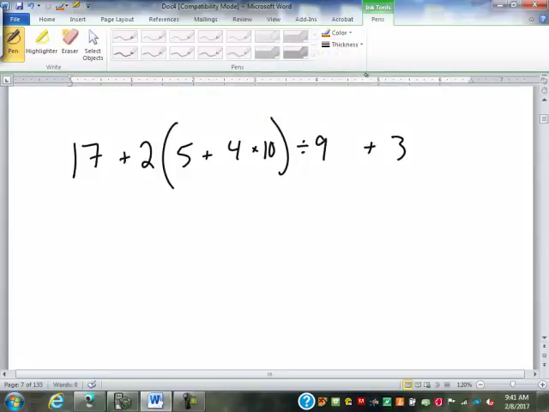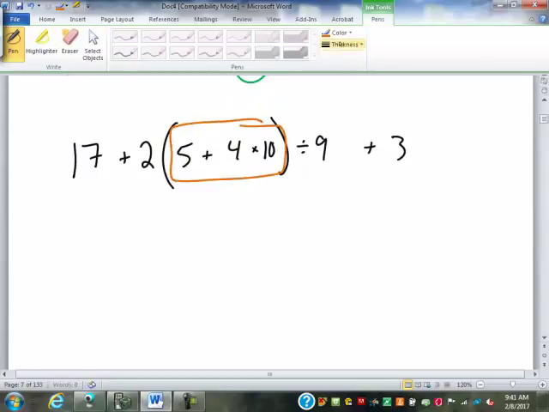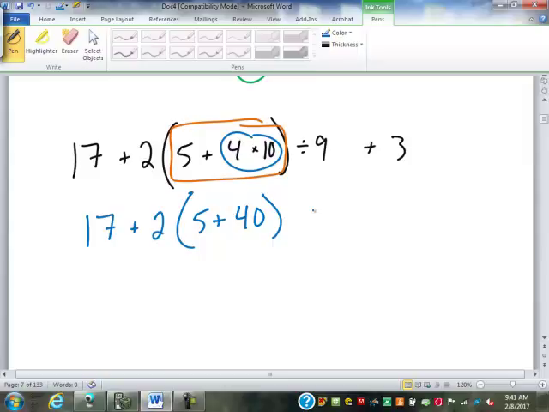So looking at this one, again we have parentheses, so we're going to start in there. What do we have to do first inside the parentheses? We're going to multiply. 4 times 10, which is 40. Now the rest of it has not changed.